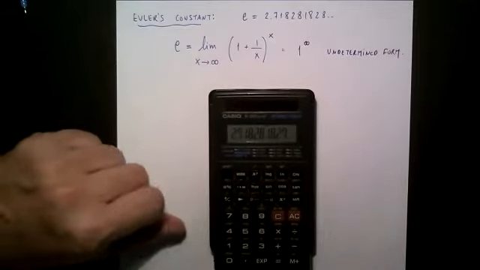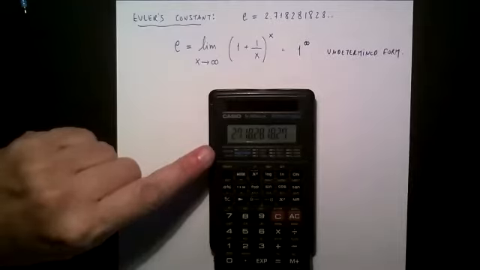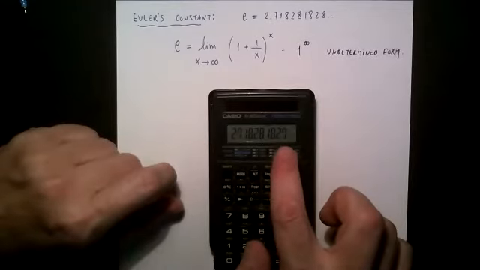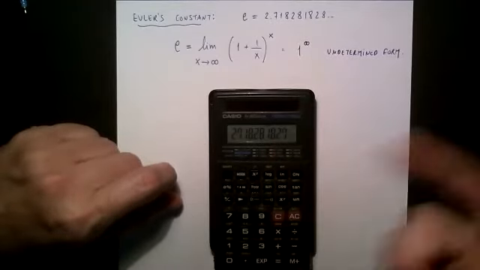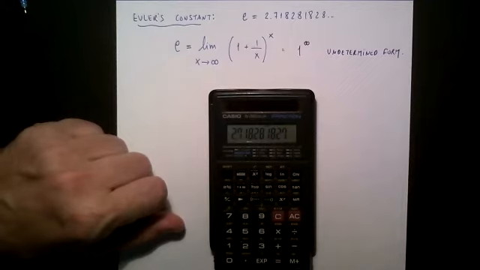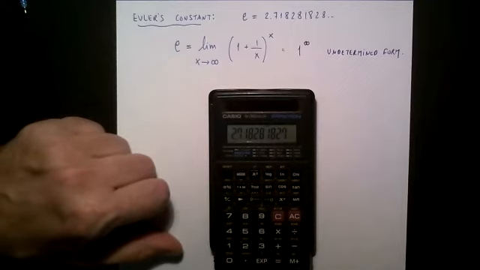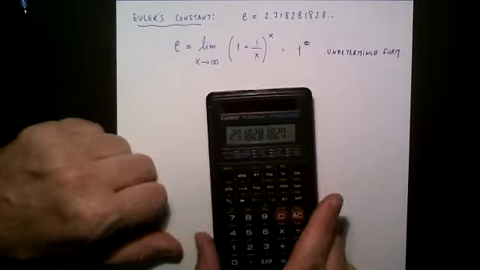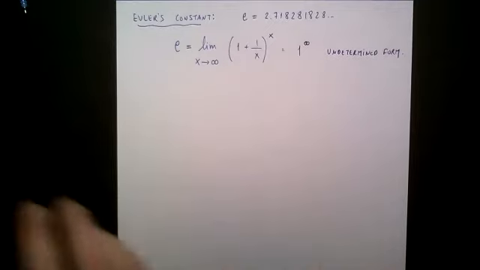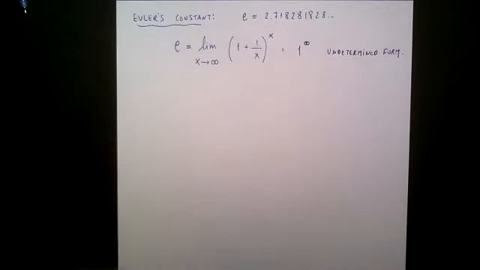There you go. You see? I get 2.718281827. I'm off by 1 decimal at the end because I didn't go high enough. I just did 1 billion, but of course, 1 billion is very, very small compared to infinity. Is this clear so far?